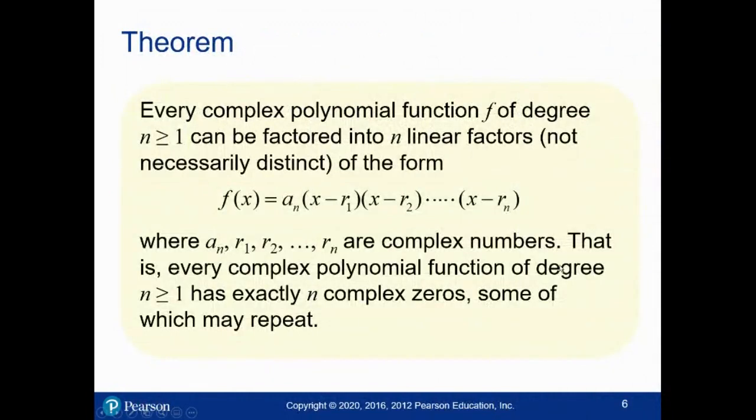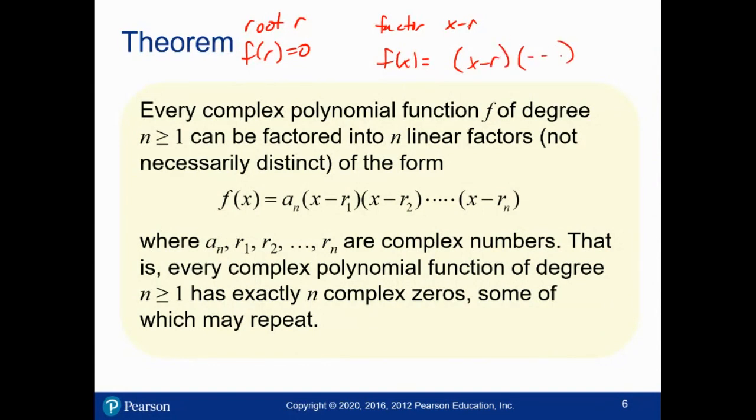Okay. What that means is, remember, if you have a root r, so f of r equals 0, then you have a factor, x minus r. So then f of x can be expressed as x minus r times some other stuff. So if f of x is of degree 10, let's just say, it's a complex polynomial.